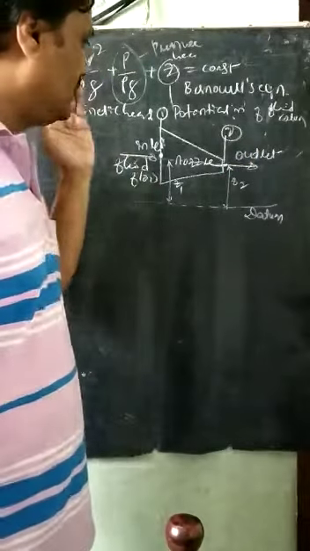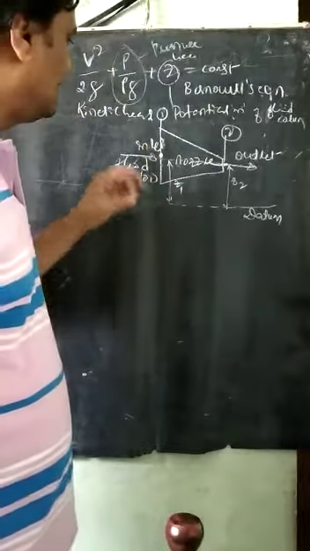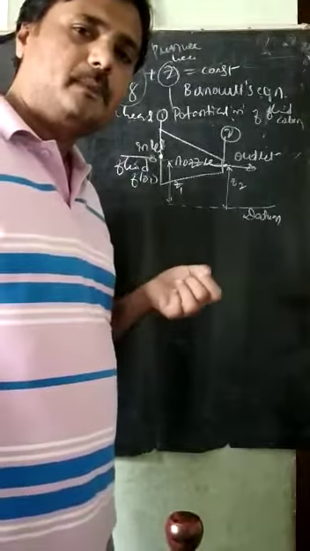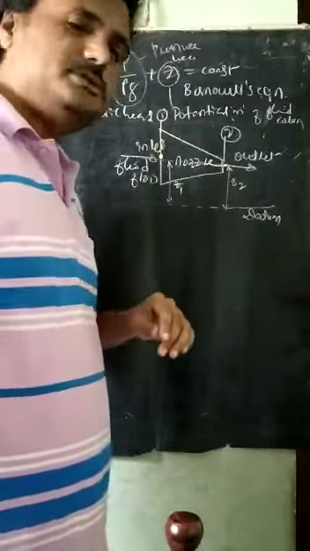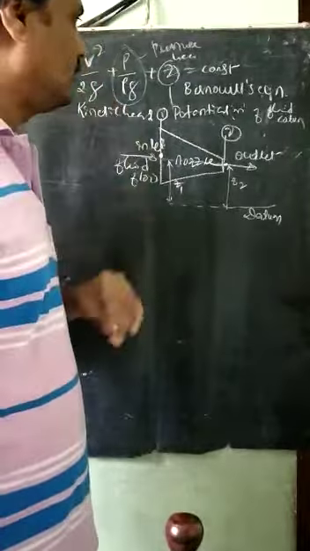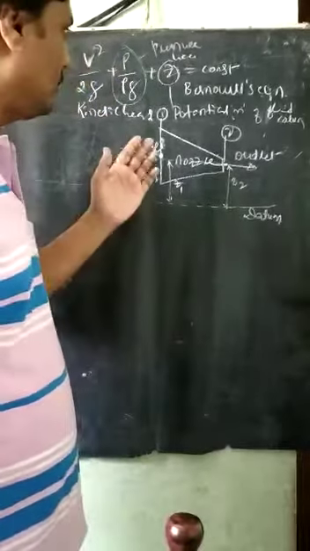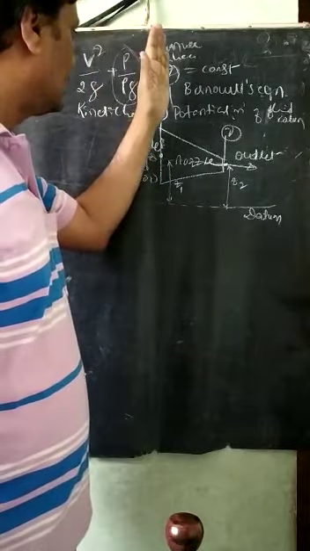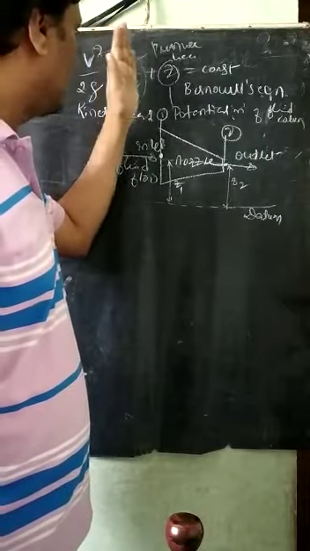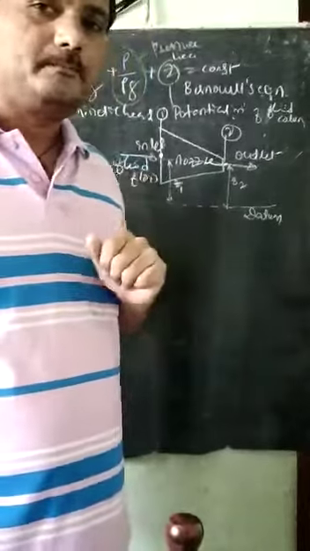The potential head available in section 1 is Z1, and in section 2 it is Z2. How do we write Bernoulli's equation for these two sections? As we know, the summation of kinetic head, pressure head, and potential head remains constant at a particular point.